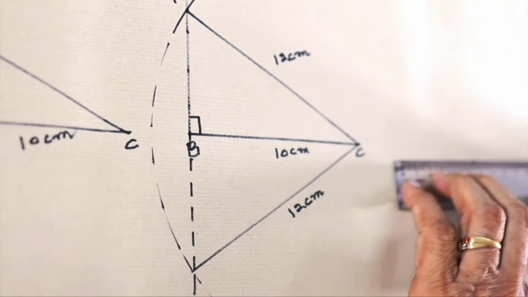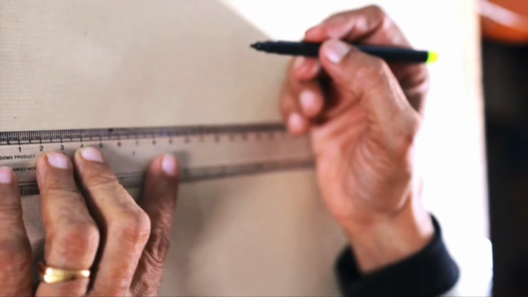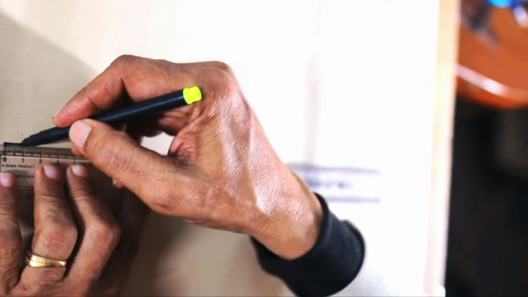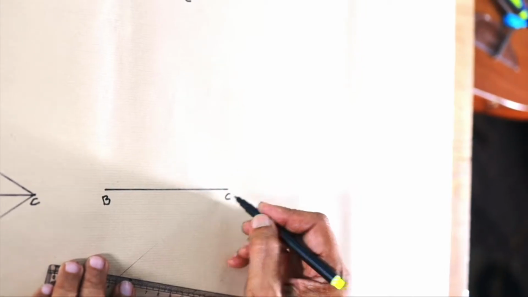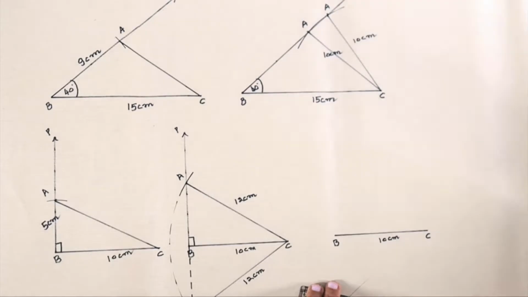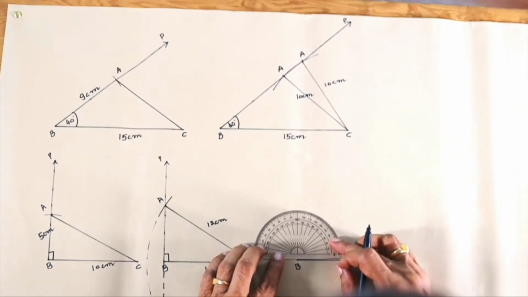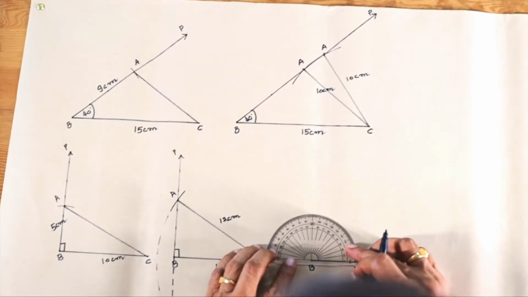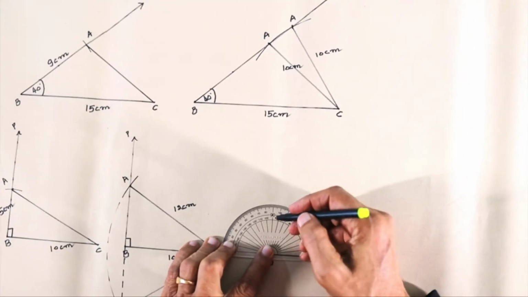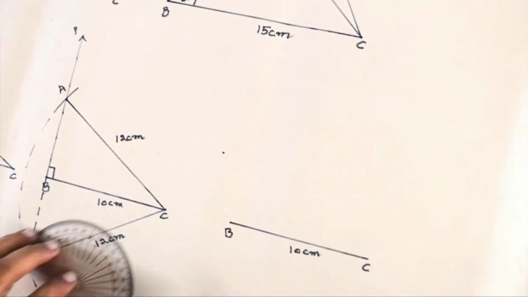Friends, finally let us construct an obtuse angle triangle, say with a base of 10 centimeters. This is the base BC, which is equal to 10 centimeters. With the help of a protractor, let us mark an obtuse angle, say 110 degrees.